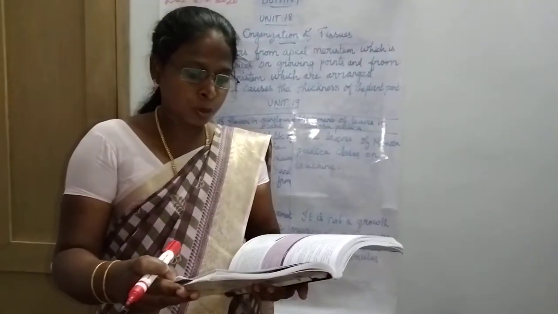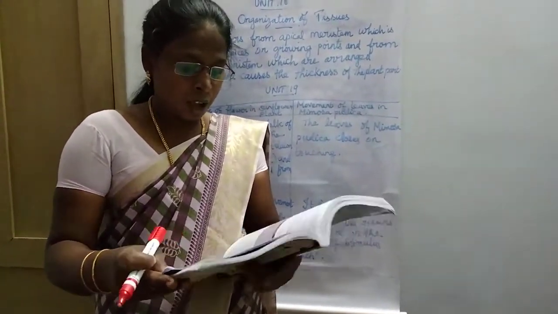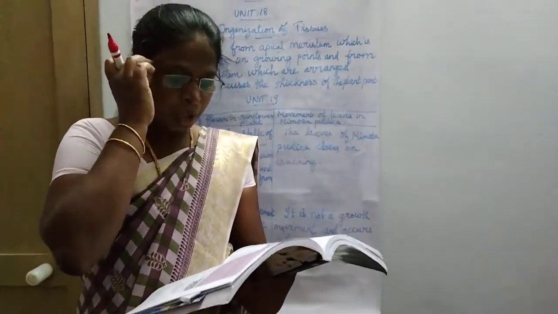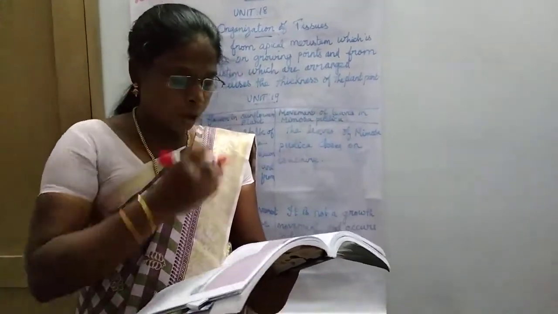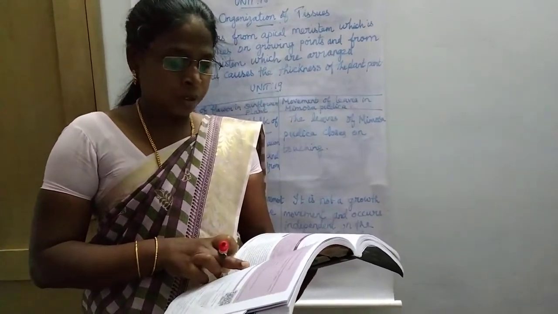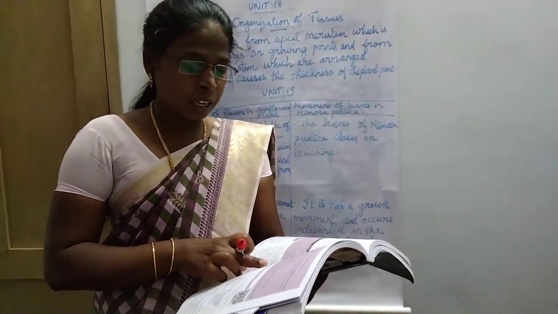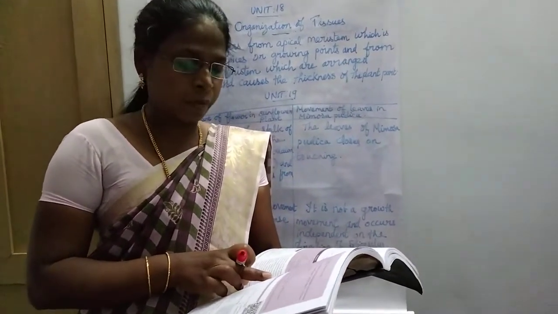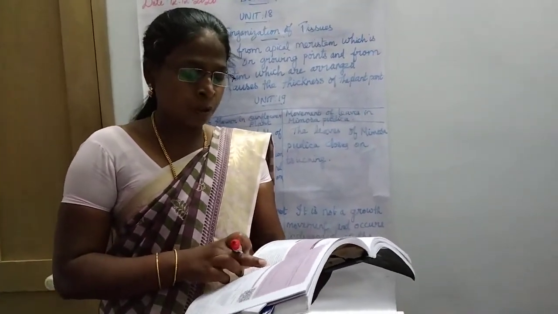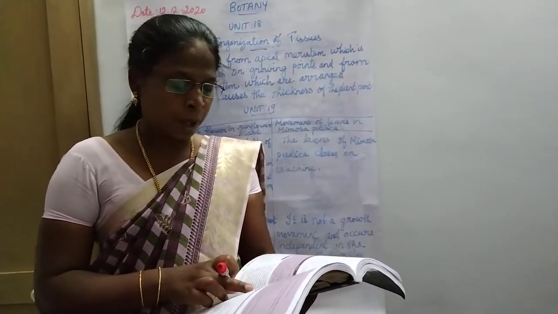The tissue composed of living thin-walled polyhedral cells is: parenchyma, collenchyma, sclerenchyma, none of the above. There is a printing mistake in option B: pollenchyma is given, that is collenchyma. Strike out the first letter P and write C, collenchyma.